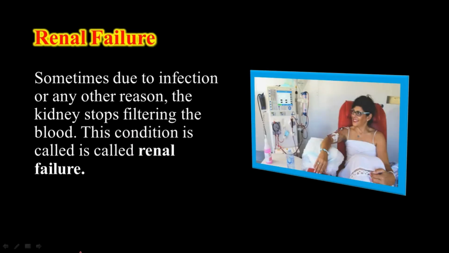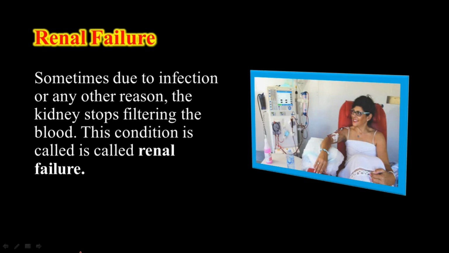Students, you must have heard the term renal failure or kidney failure. Sometimes due to infection or any other reason, the kidney stops filtering the blood, and this condition is called renal failure or kidney failure. As a result of this malfunctioning, the waste products start accumulating in the blood, and this condition can be lethal for the person.